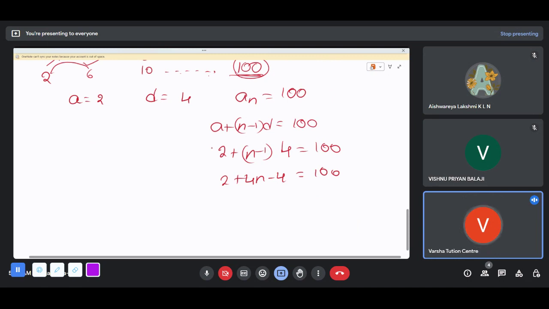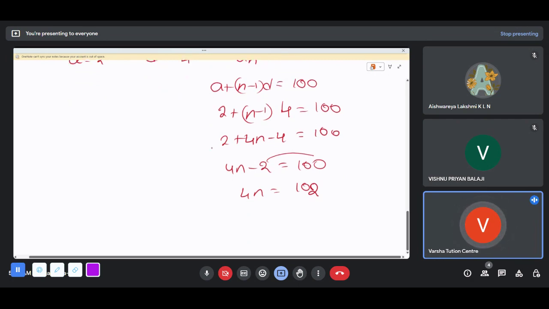Now 4n, 2 minus 4 is how much? Minus 2 is equal to 100. When 2 goes to the other side, what happens? 4n is equal to 102. Correct? 100 plus 2 is 102. N is equal to how much will it become? 102 by 4. Will it get perfectly cancelled?